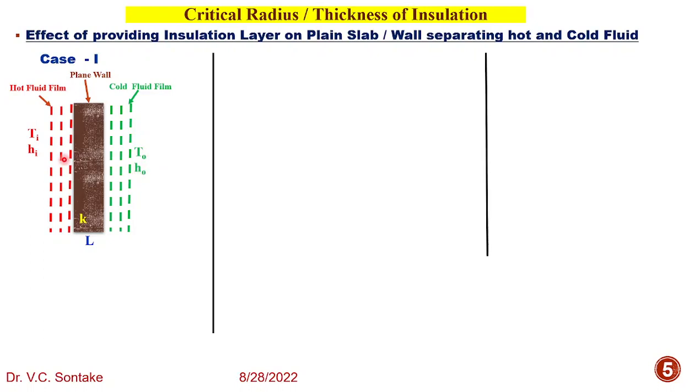By virtue of the temperature difference between hot and cold fluid, Ti and To, heat transfer will take place from the hot fluid to the cold fluid through the plain wall, and let's say the rate of heat transfer is Q1.